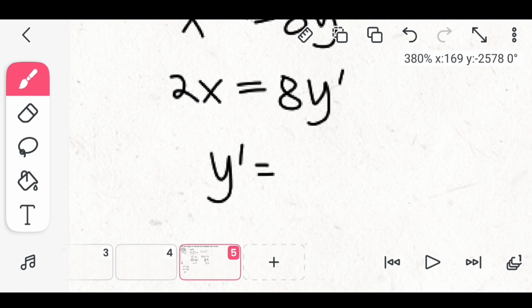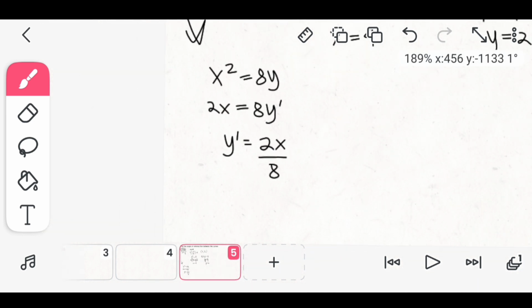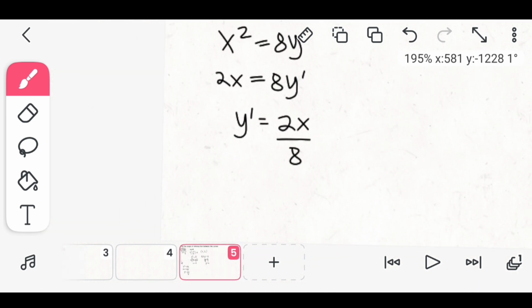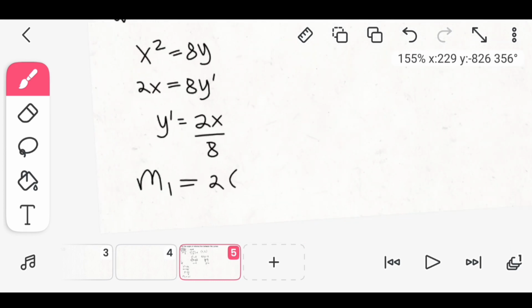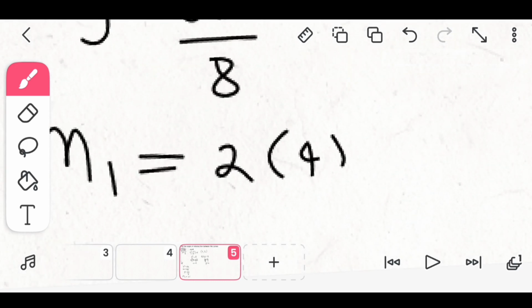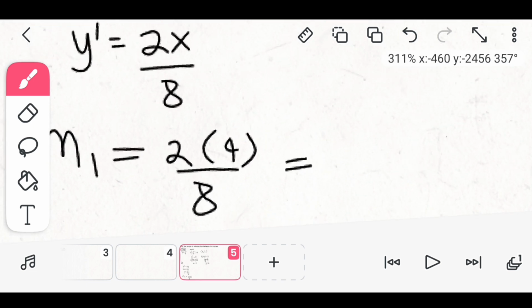Y prime equals 2x over 8. Then to find the m1, we just need to substitute the value of x and y, which gives us 1.